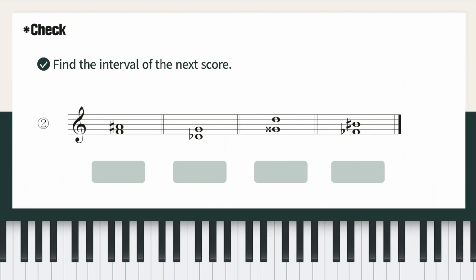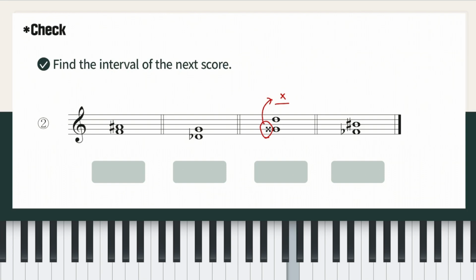Look at the third one on number 2. There is a symbol that looks like X. It is a double sharp, and it raises the note by a whole tone. The double sharp is also in the music grammar on the back side of the book.